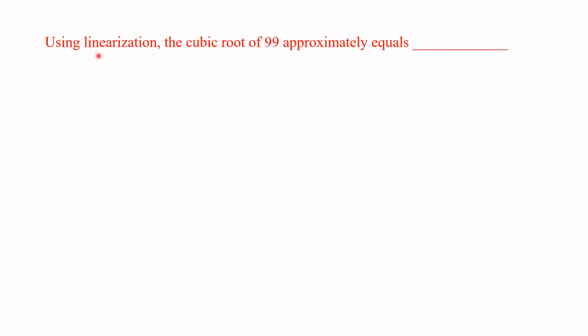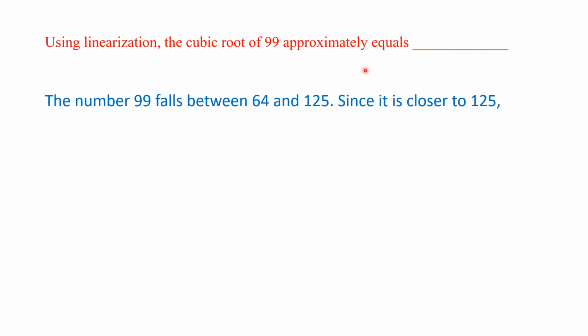Using linearization, the cubic root of 99 approximately equals... The number 99 falls between 64 and 125. Since it is closer to 125, then we will use 125 for approximating the cubic root of 99.